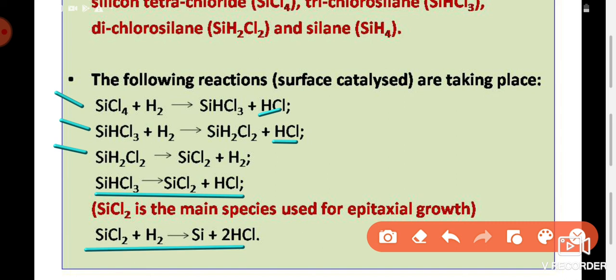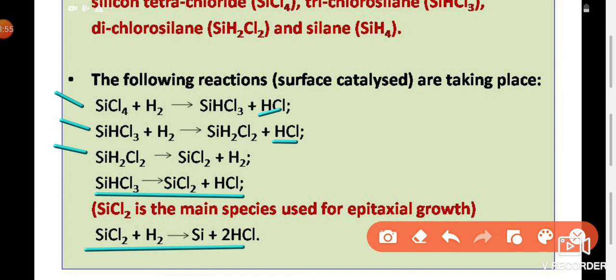Now when the wafers are taken out from the reactor, we will get a solidified silicon layer, which is a very thin layer on the wafer surface, and that was our objective, to grow a very thin layer, the epitaxial layer, in micrometer order, and so finally we obtained it. So this is the epitaxial technique that we have carried out in this case.